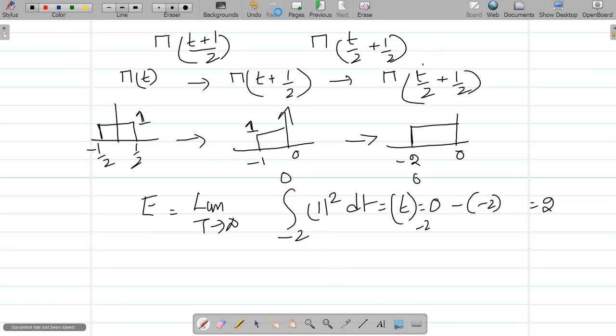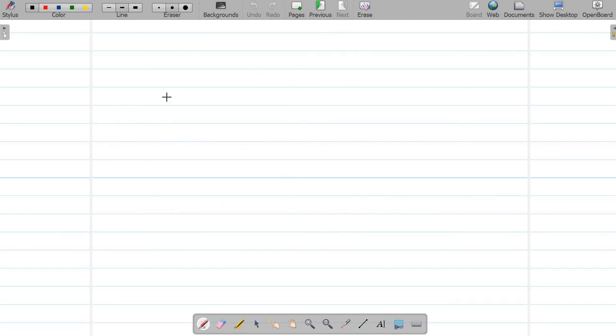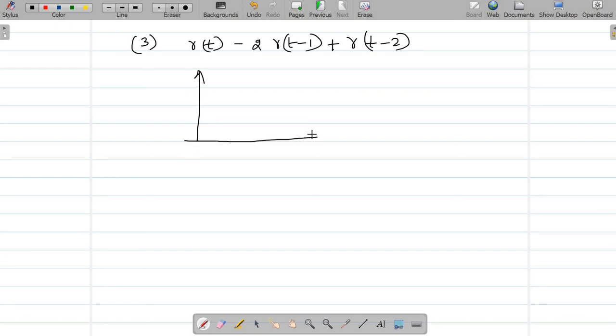Let us take another example. We have something like this: r of t minus 2 r of t minus 1 plus r of t minus 2. Let me illustrate how to sketch this signal. You have r of t, which is like this, right up to 1, and because of this, r of t minus 1 has a slope of negative 2.